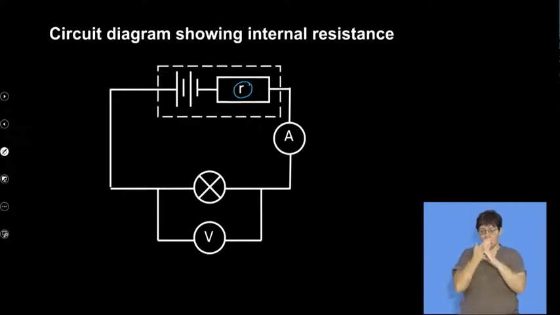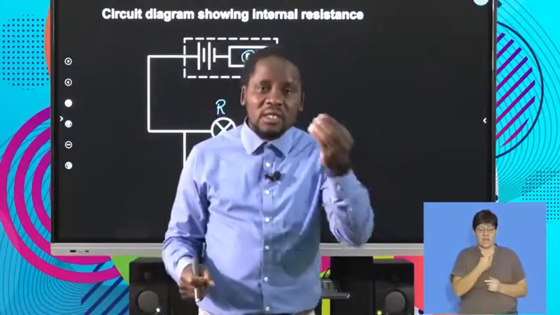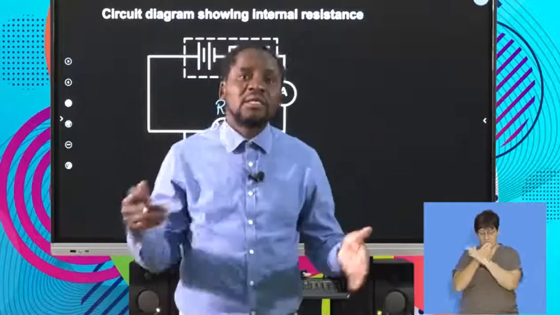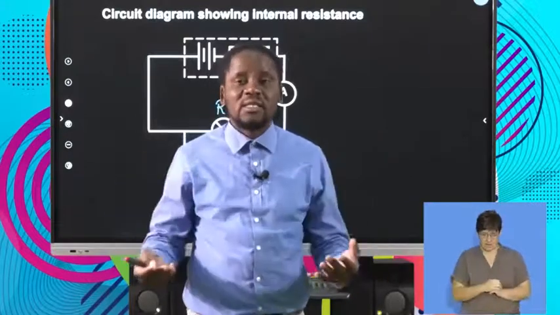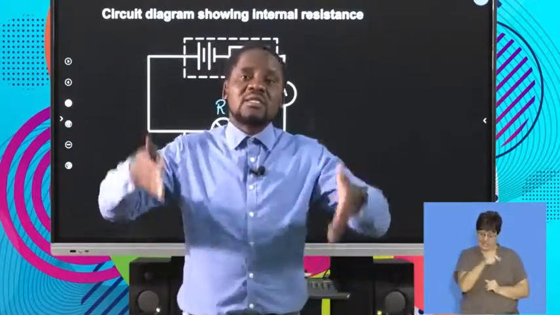This resistance is actually inside the battery. If you look at the light bulb, it has its own resistance, capital letter R. So the moment we say internal resistance, we're talking about resistance inside the battery.